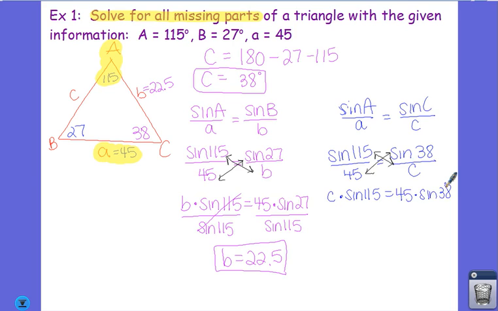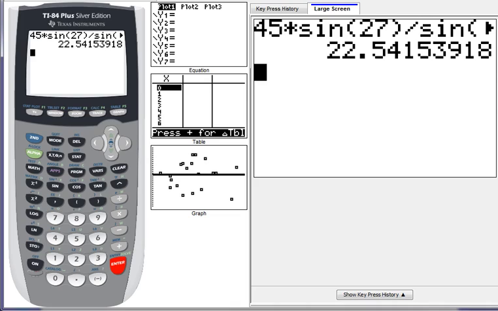Now we need c by itself. Divide by the sine of 115. c is by itself, which is what we wanted. So we're going to again go over to the calculator and type all of this in. Make sure you don't make any mistakes again.